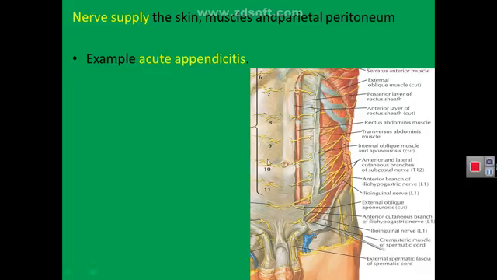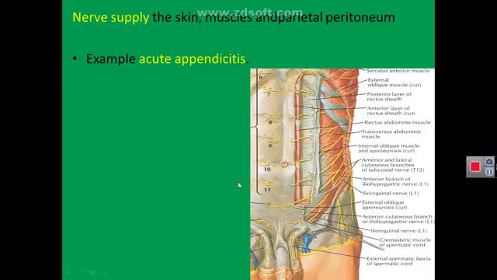And so the patient with early, acute appendicitis will feel vague pain around the umbilicus, because the dermatome of the umbilicus is T10, and the sympathetic innervation to the appendix is from T10.